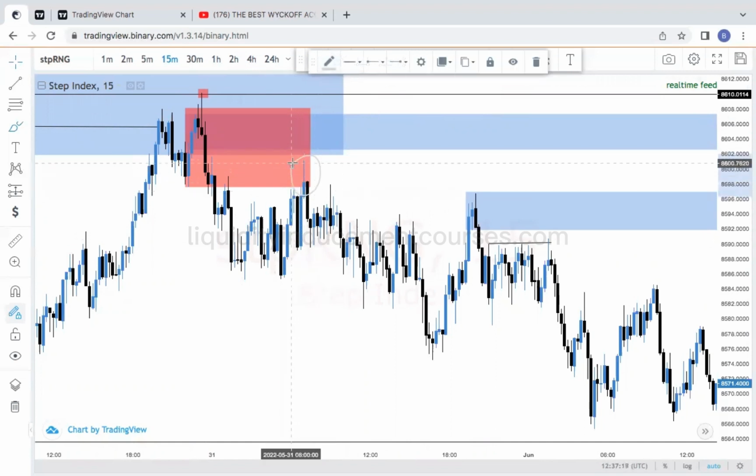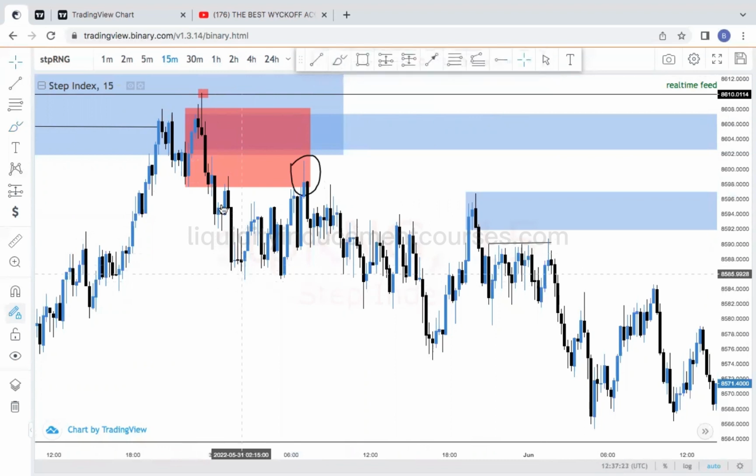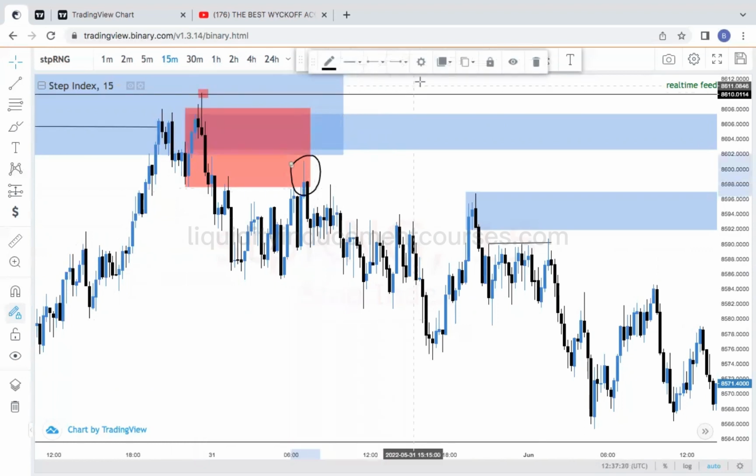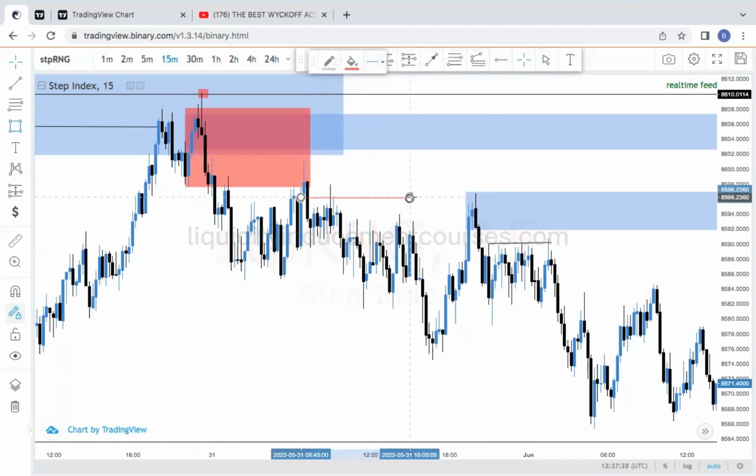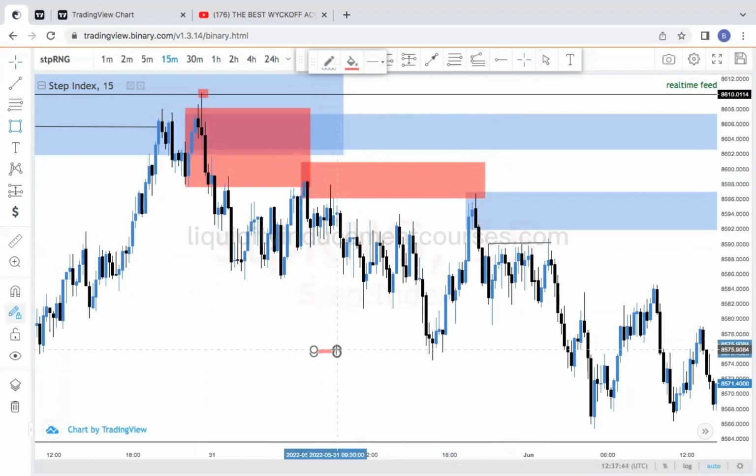possible that this high might have mitigated this zone already and we have seen further prices. Okay, it's possible that is why price may not return there. However, if that is the case, then I will call this an actual transfer of fund from this candle right here to this candle.